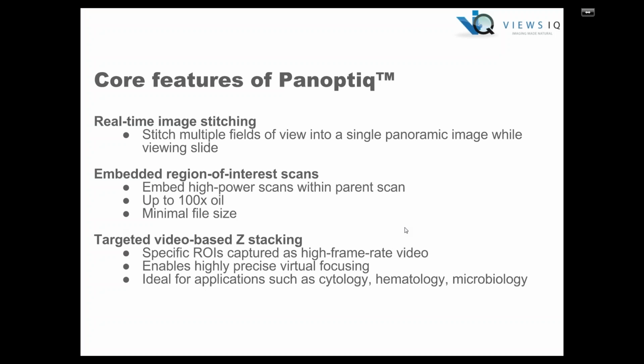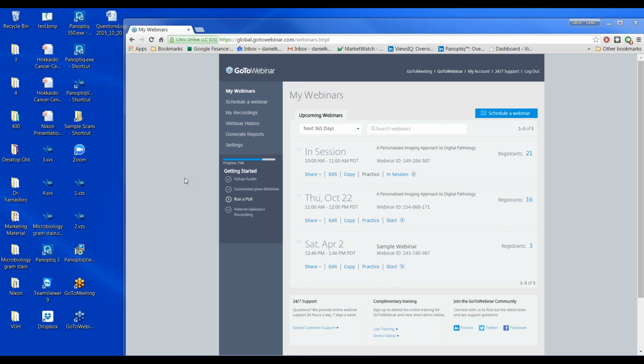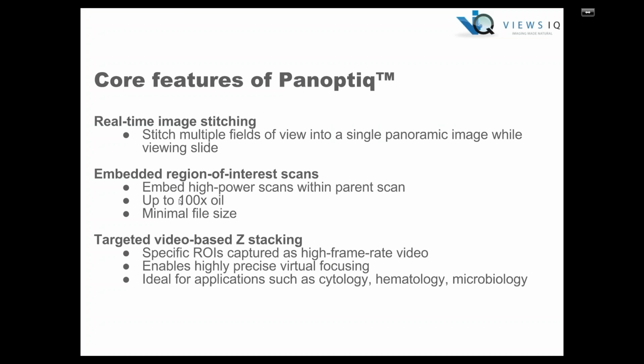So just to review, there are really three core features of Panoptic. The first is the ability to stitch together panoramic digital images in real time while you're viewing the slide. The second is the ability to embed high-powered region of interest scans within the parent scan. These can be imaged at up to 100x.